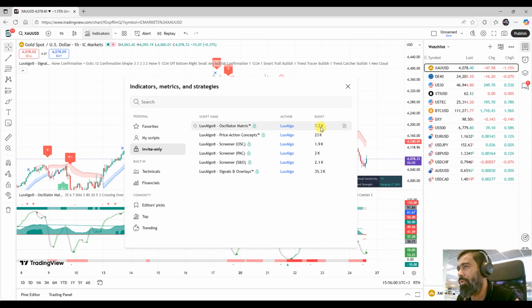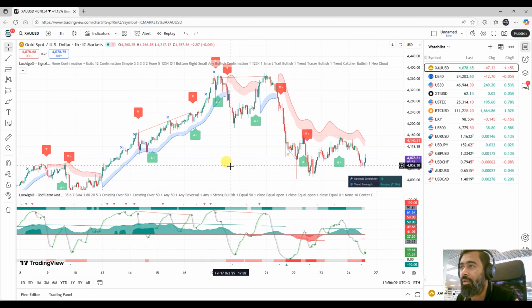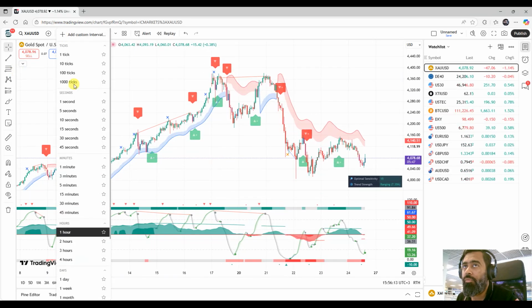But why is it so expensive? Because there are a lot of things inside this, so people just get confused. They don't understand how to use it. But trust me, this is one of the best indicators. Let me show you how it works and how we will combine it with our strategy.